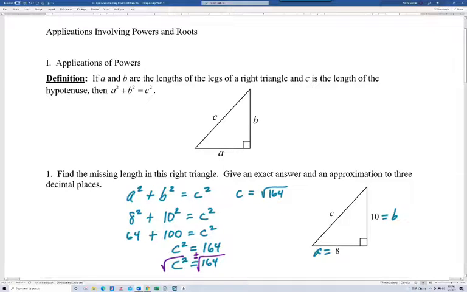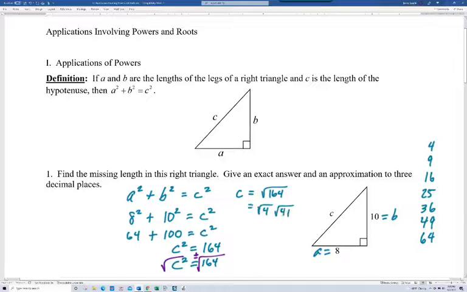Now, I look at that number and I'm thinking, there's a good chance I can simplify that. Remember, if we have a perfect square factor, then this radical is not considered simplified. In other words, if 164 is divisible by any of our perfect squares, then the radical is not simplified. Well, you can see that 4 is a likely factor here.